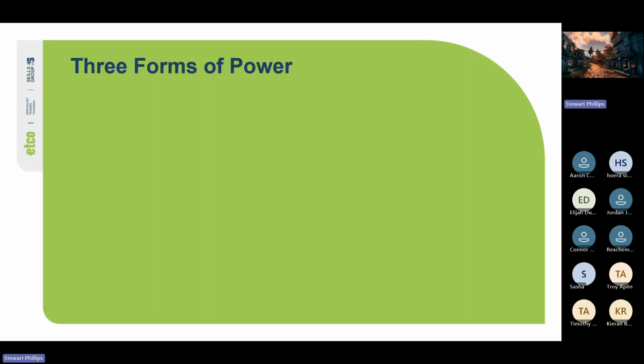If anyone's read ahead in the materials, some of you may have already come across these three.